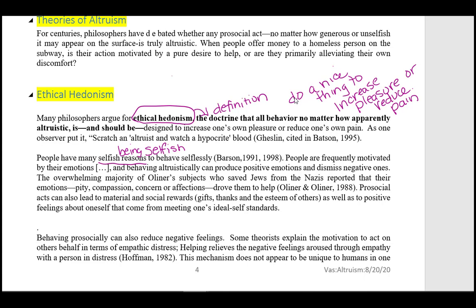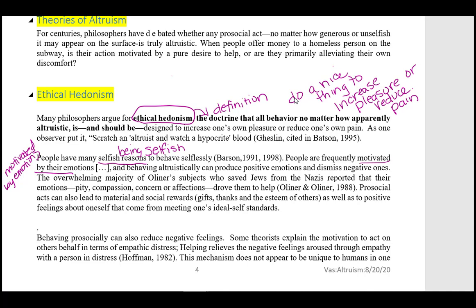"People are frequently motivated by their emotions." So we're motivated by emotions. "And behaving altruistically can produce positive emotions and dismiss negative ones. The overwhelming majority of Oliner subjects who saved Jews from the Nazis reported that their emotions, pity, compassion, concern, or affection, drove them to help.